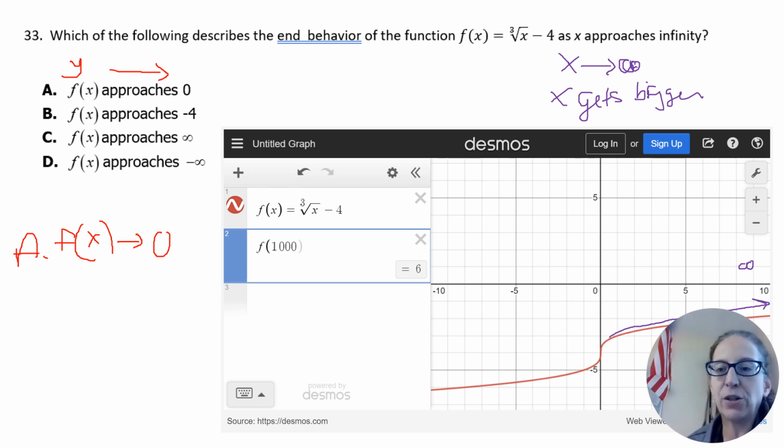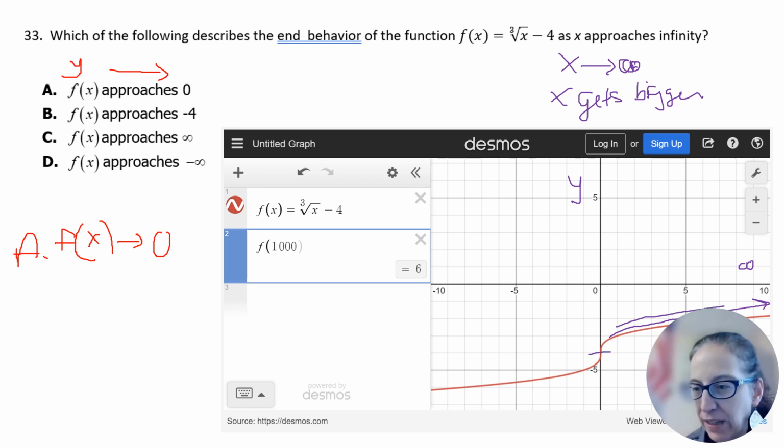What is my y doing? So we've got y approaches 0. So you might be thinking that. Now remember, your y is your vertical axis here. And say, well, it looks like y is getting closer and closer and closer to 0. Like, I'll buy that. Y is getting closer and closer to -4? No, as we're moving to x is infinity, we're definitely not getting closer to -4.